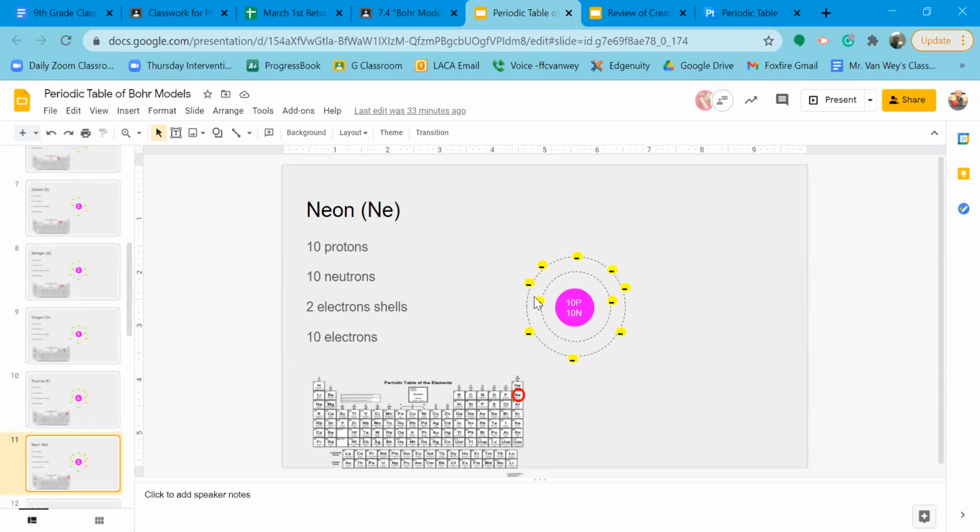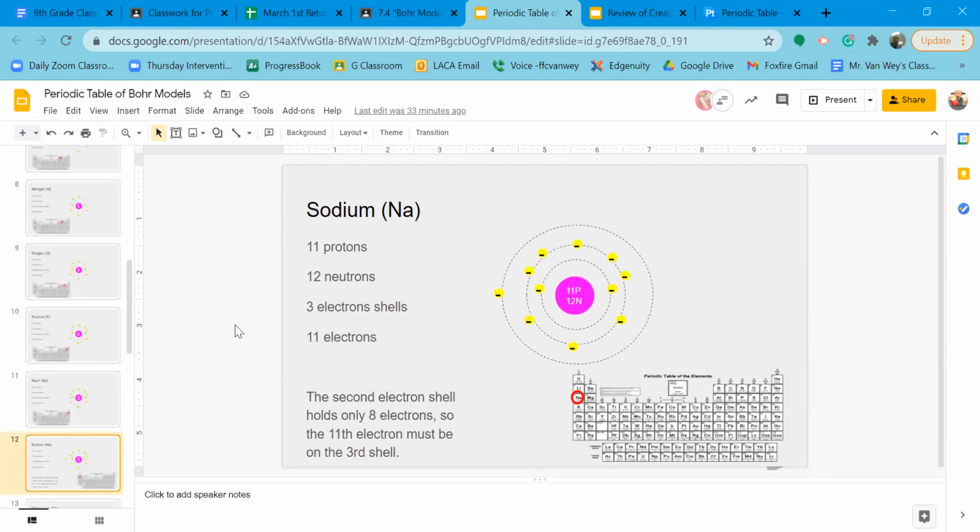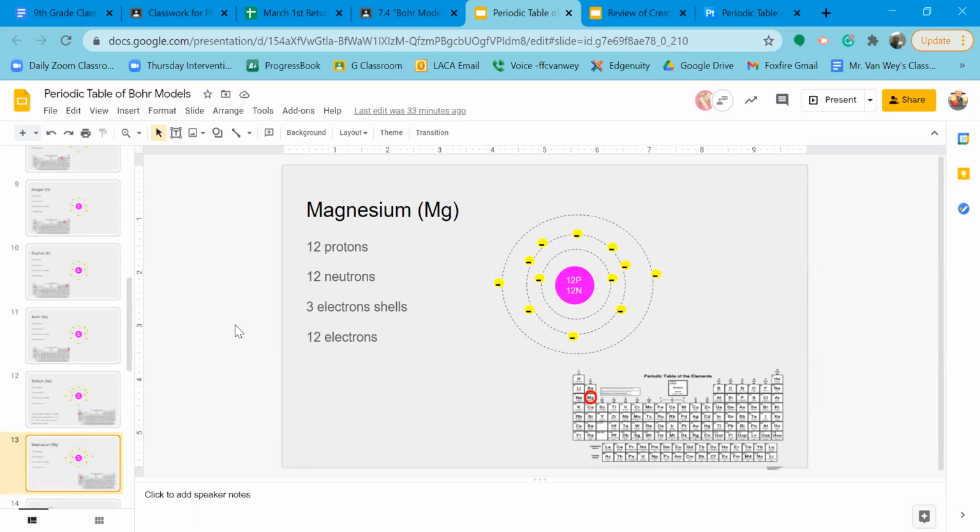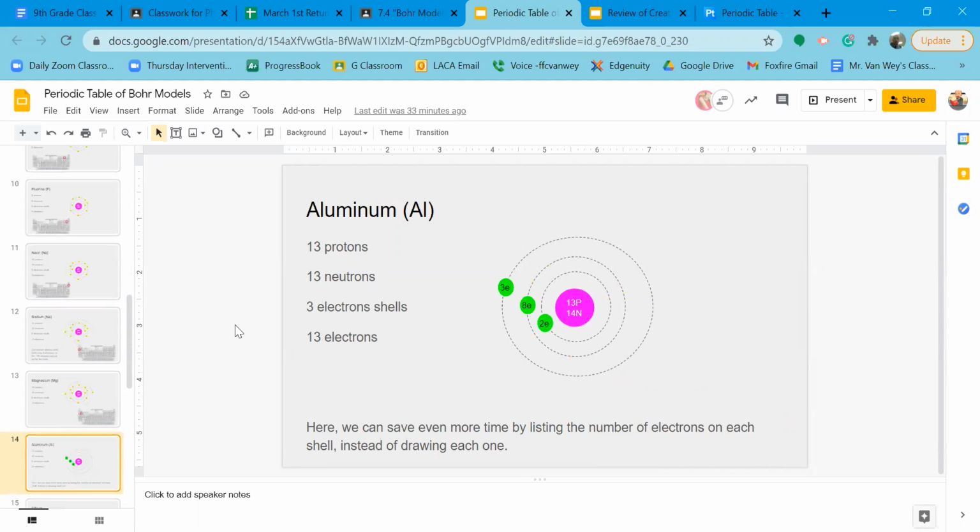And now this shell is full, and we're at the end of our periodic table row. So when we go to sodium, we will need an additional shell. Boom, there it is. And it starts to fill up: 1, 2 electrons, 3 electrons on the outer shell, 4. And at this point, I've transitioned and started to show you the different model, the style 3 model. We're just saving time.